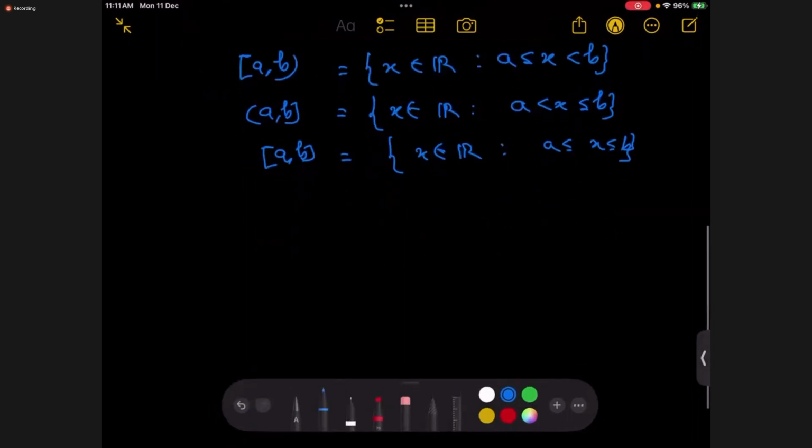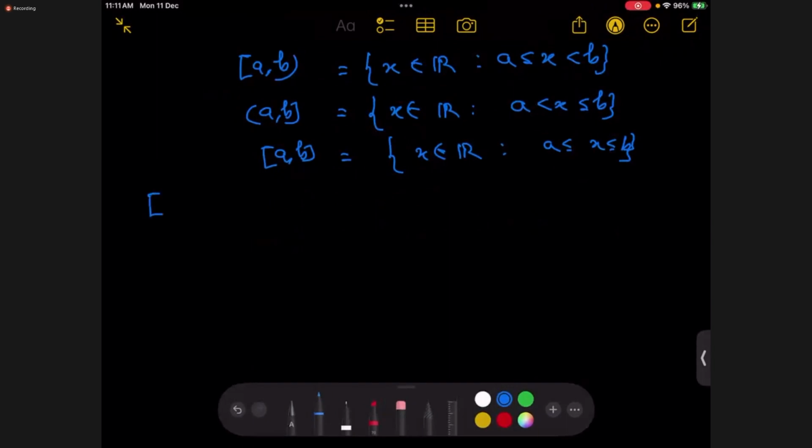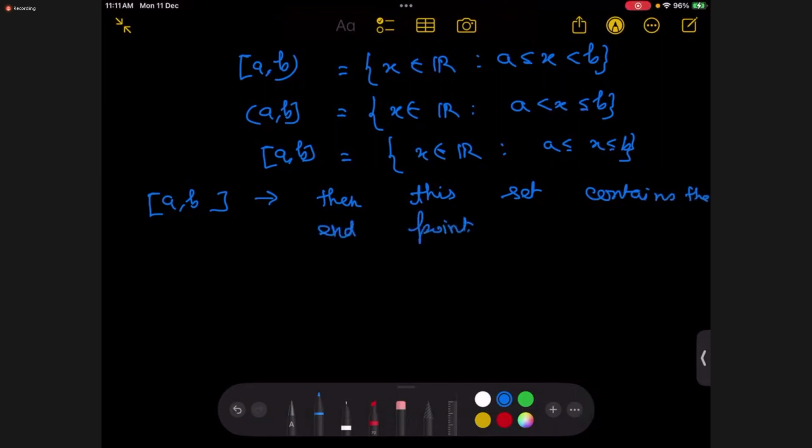So if the set is like this, then this set contains the endpoints.